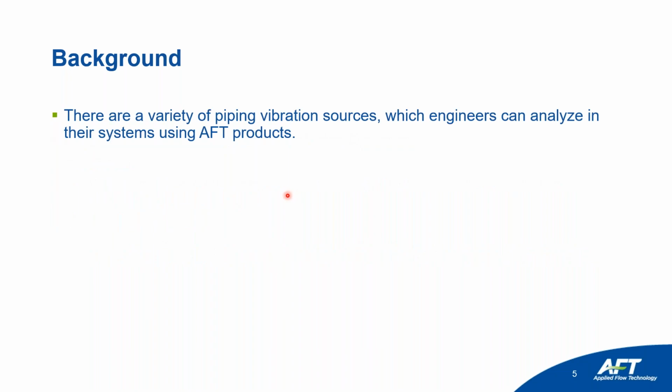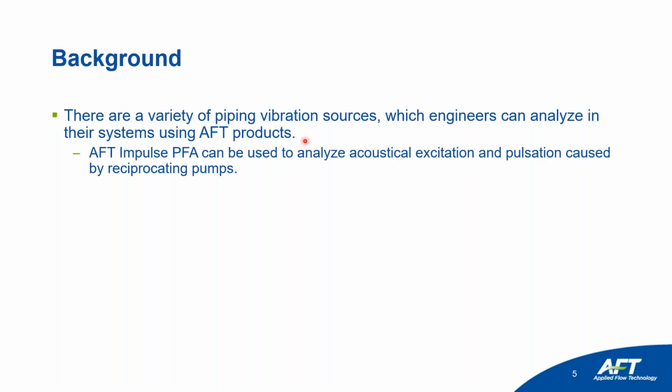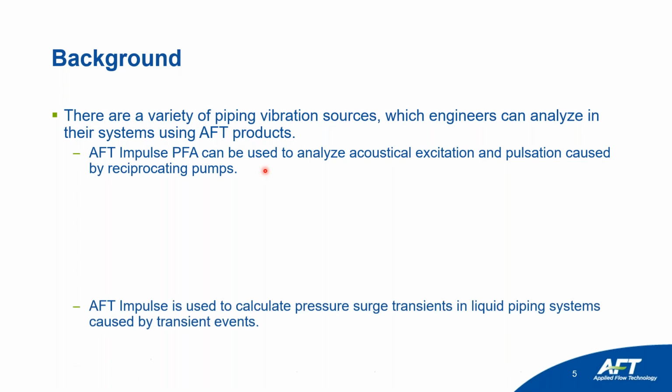So there are a variety of vibration sources which engineers can analyze in the system using AFT products. AFT Impulse PFA, which was released last year, can be used to analyze acoustical excitation and pulsation caused by reciprocating pumps.